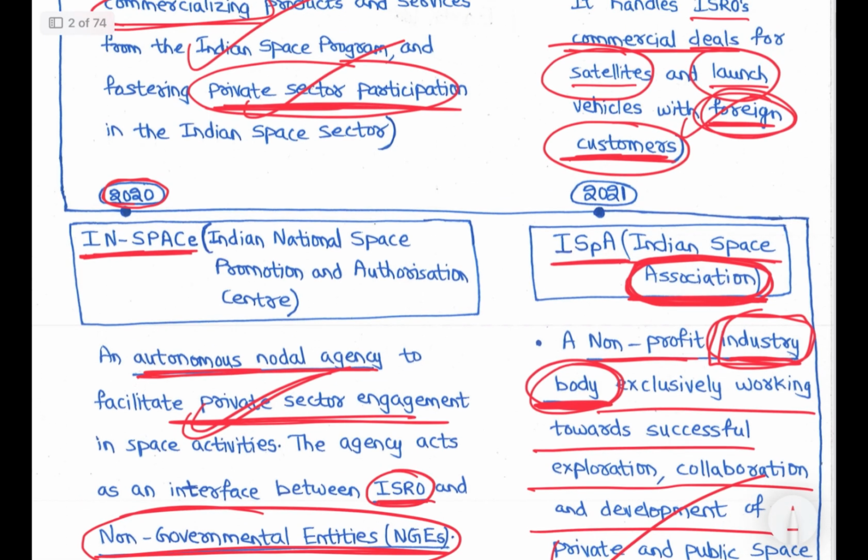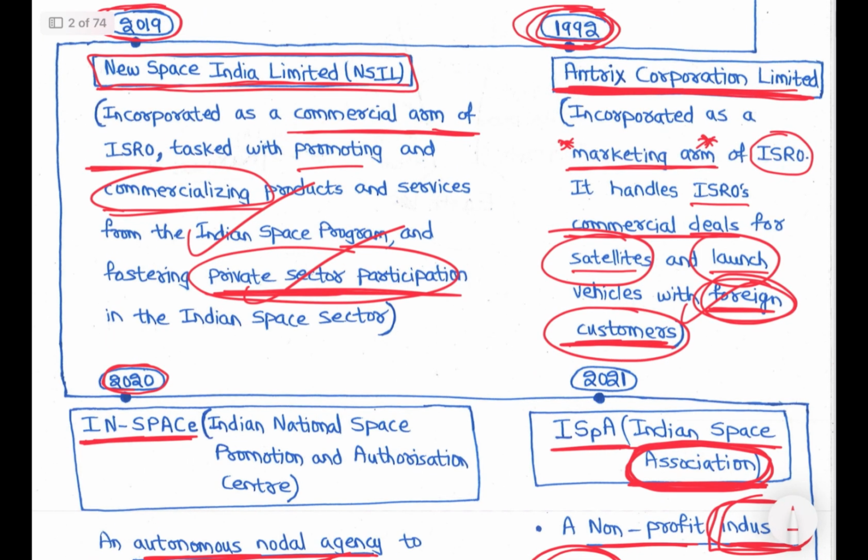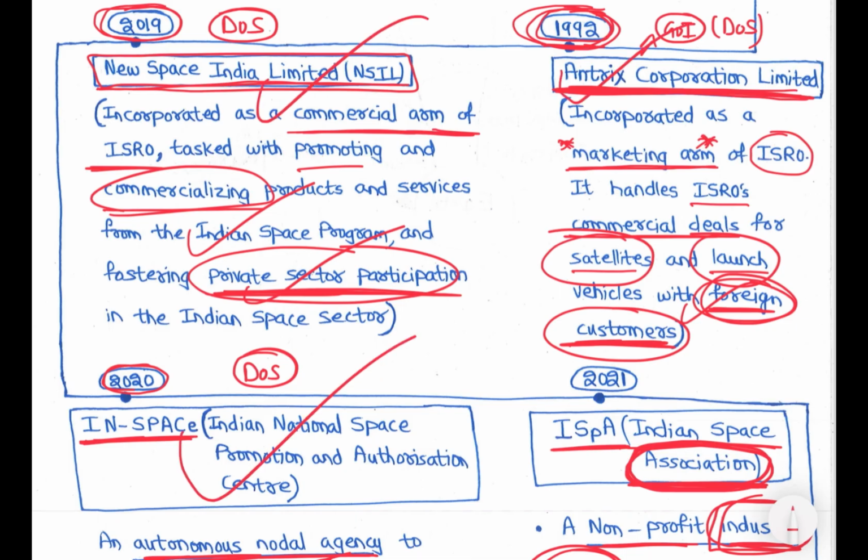See, here we need to know, this is also a government institution, right? It works under the Government of India, that is the Department of Space. And this also works under the Department of Space, Government of India. So basically, these three are government institutions, right?